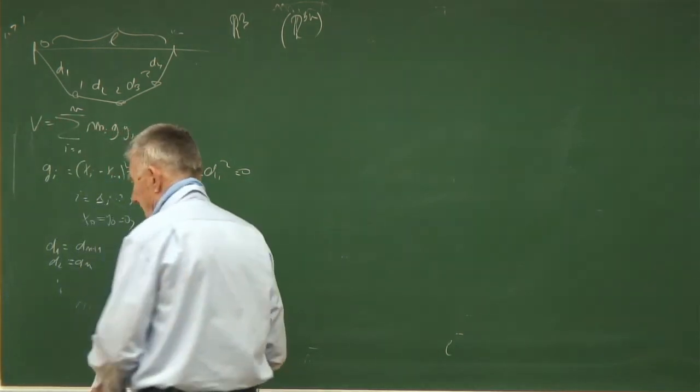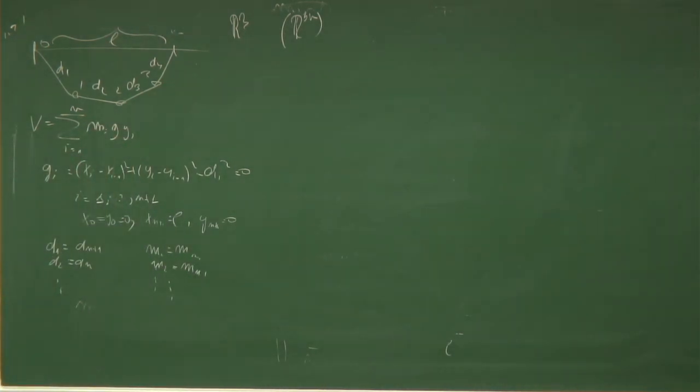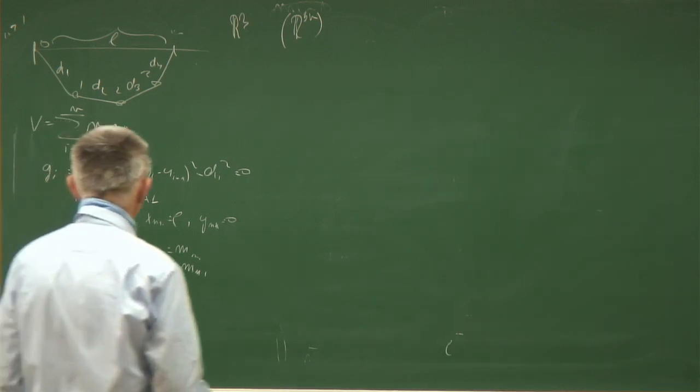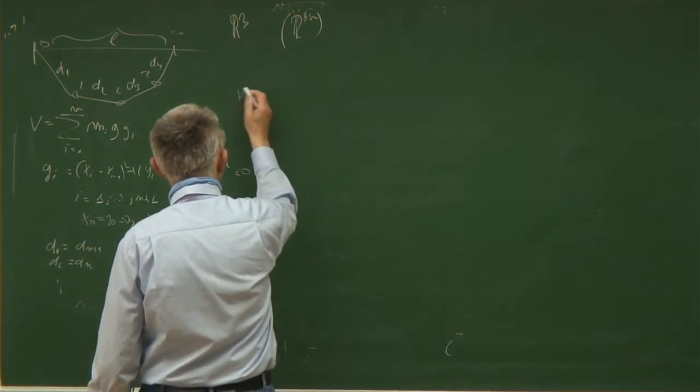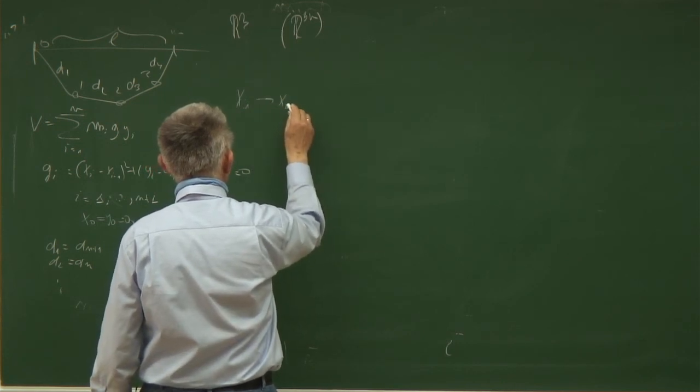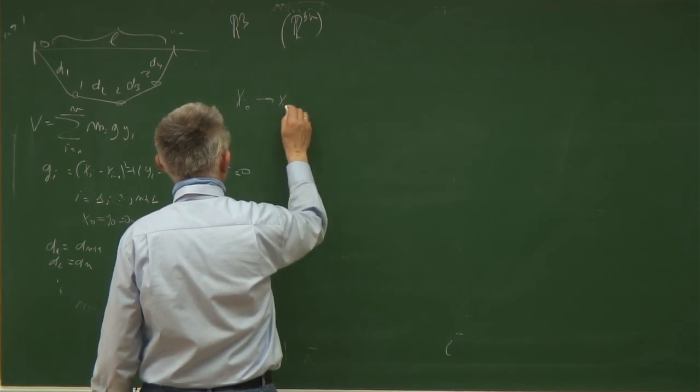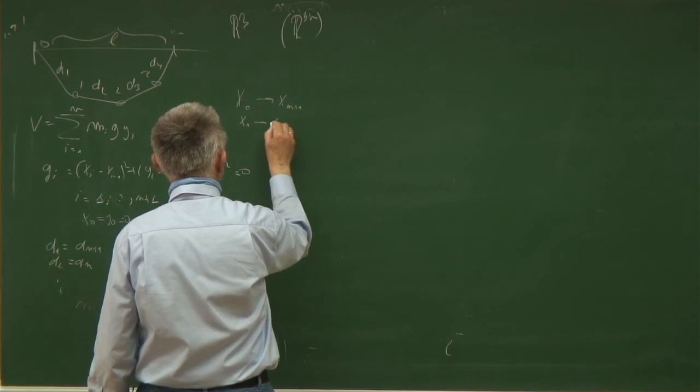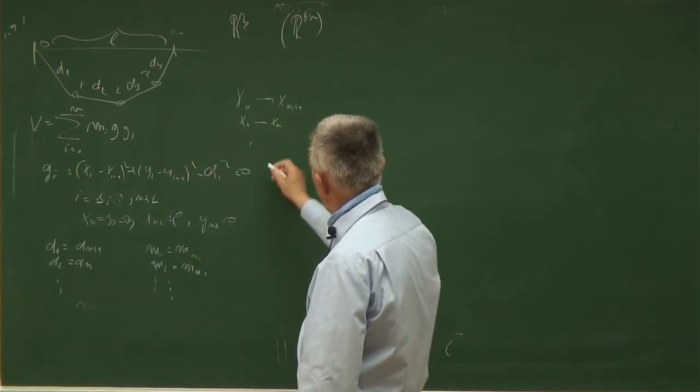So this now leads to the following map. x_0 goes to x_{n+1}, x_1 goes to x_n, and so on. And the same thing with the y's.